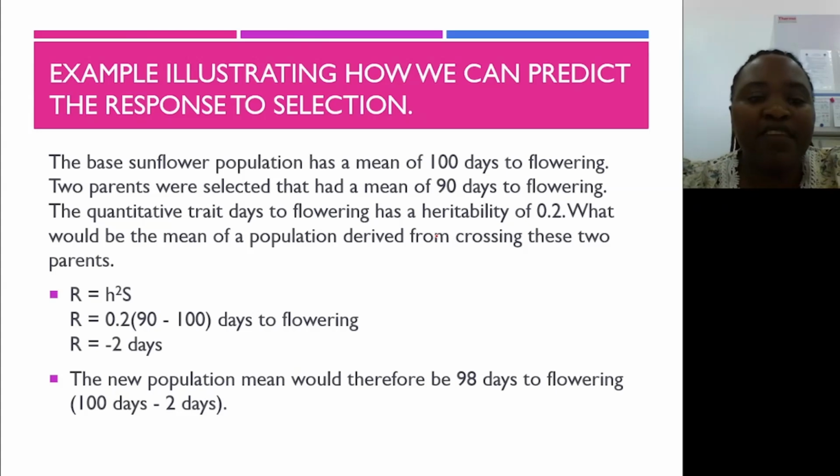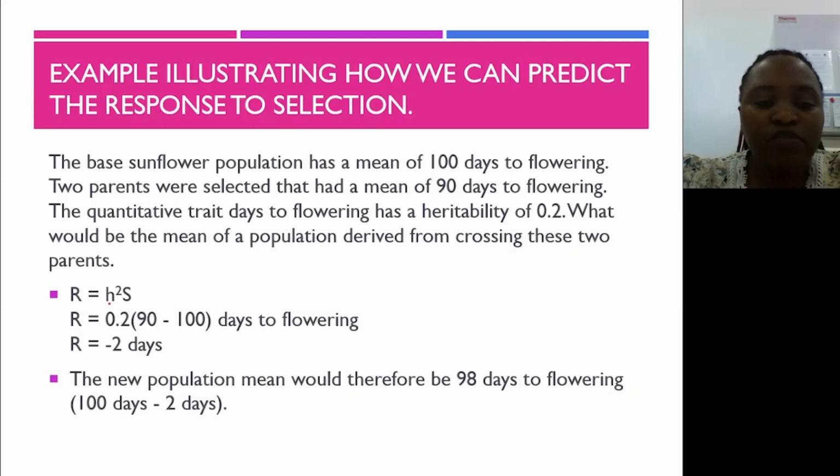And here we have an example. The base sunflower population has a mean of 100 days to flowering. Two parents are selected that had a mean of 90 days to flowering. The quantitative trait days to flowering has a heritability of 0.2. What would be the mean of a population derived from crossing these two parents?